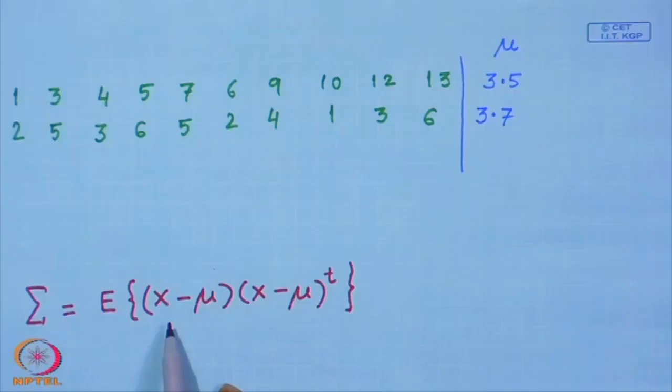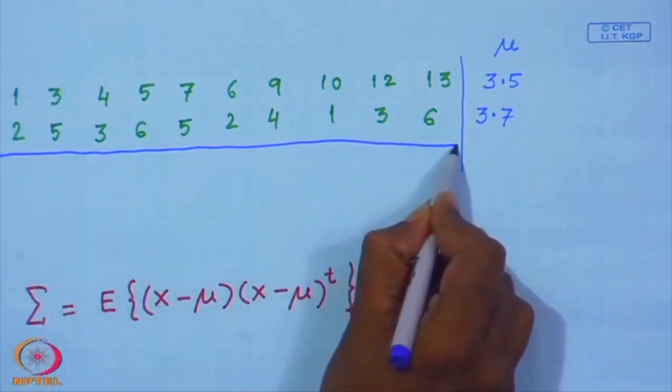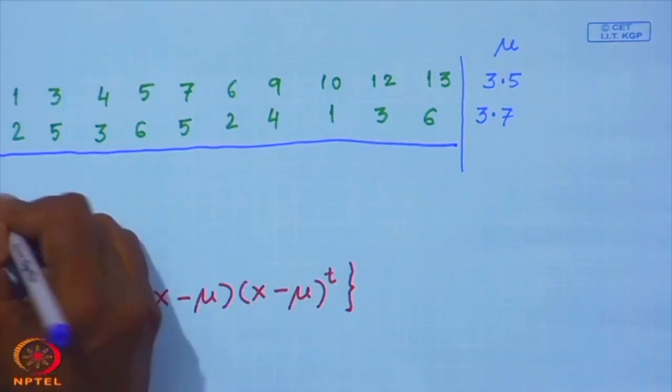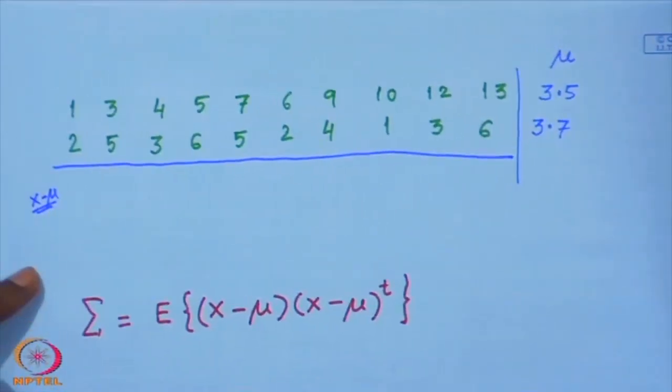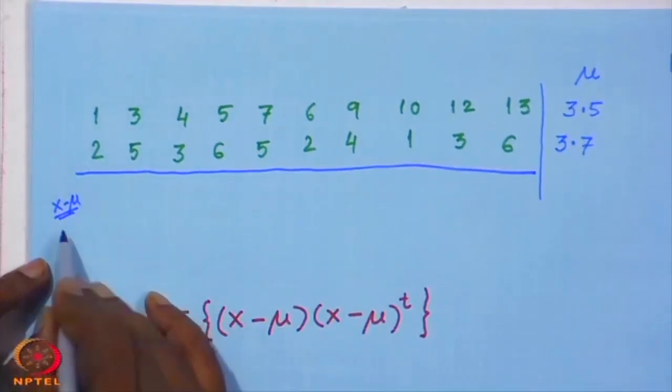So, I have to compute x minus mu. So, from every feature vector x, I have to subtract the mean vector mu. So, when I subtract the mean vector from every feature vector, let me put x minus mu for the individual feature vectors here.